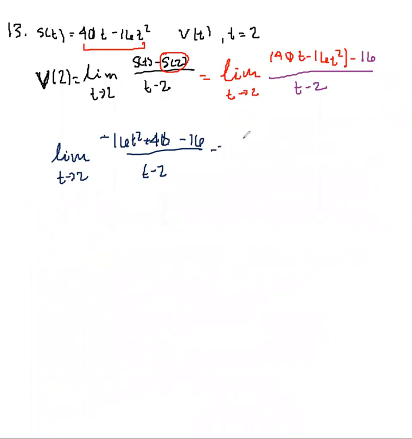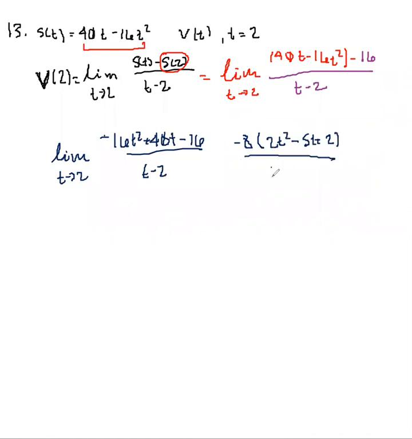We can factor out a negative 8, which would put us at 2t squared minus 5t plus 2. I lost a t.